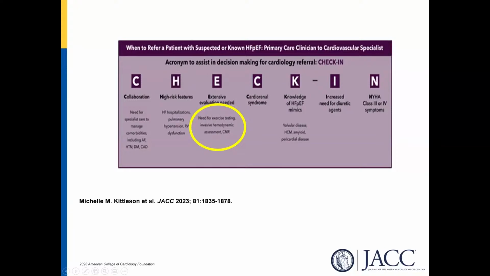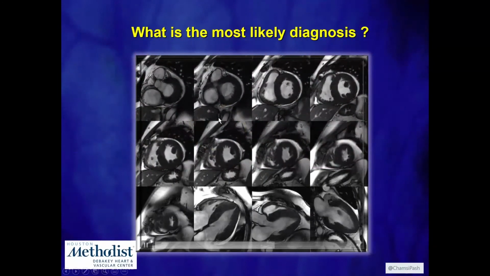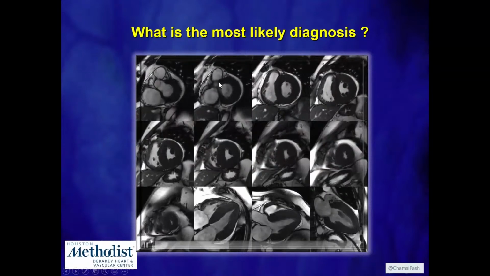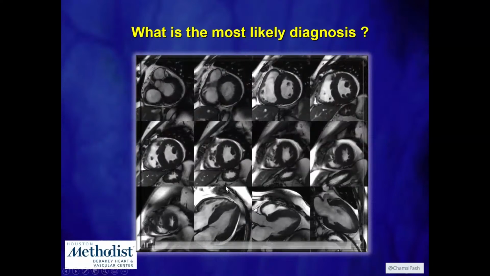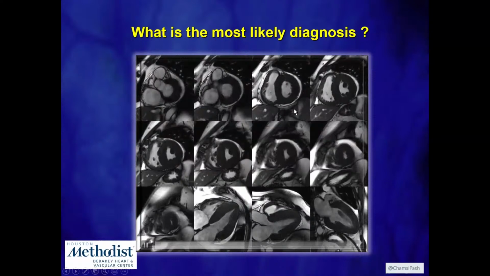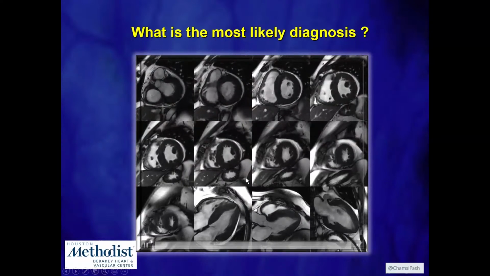You want to look at the phenotype of heart failure in this patient cohort. If we take a look at this patient over here who has a significant concentric increase in the left ventricular wall thickness, a dilated left and right atrium, and a small pericardial effusion on cine CMR, this tells me that I'm dealing with one of those phenocopies of HFpEF.